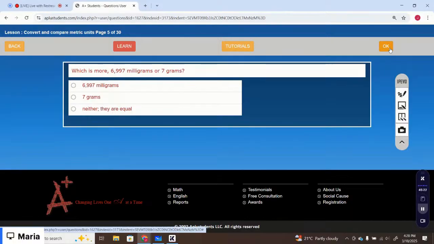So 7,000 milligrams is more than 6,997, isn't it? So 7 grams is more than 6,997 milligrams.